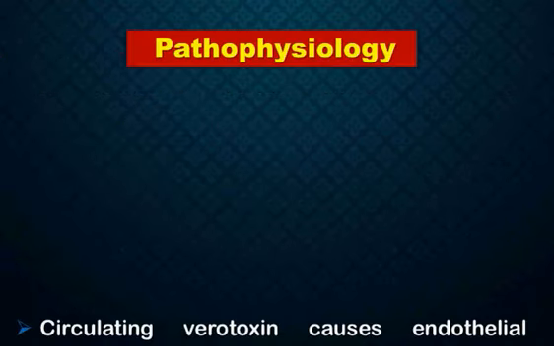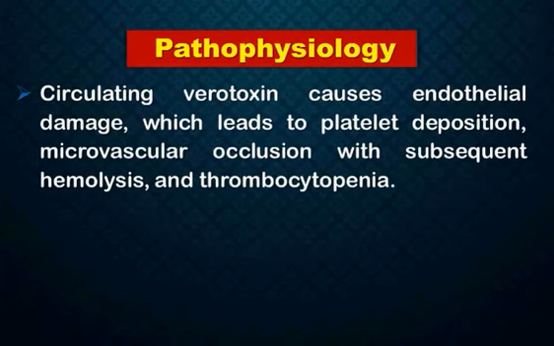The pathophysiology. What happens in hemolytic uremic syndrome? This verotoxin causes endothelial damage. This endothelial damage leads to deposition of platelets and microvascular occlusion inside the glomeruli, with subsequent hemolysis and thrombocytopenia.